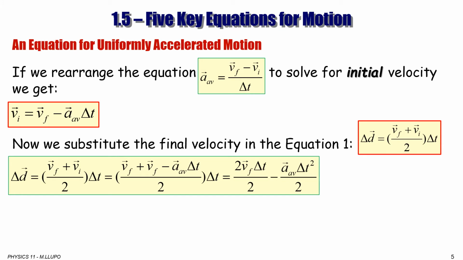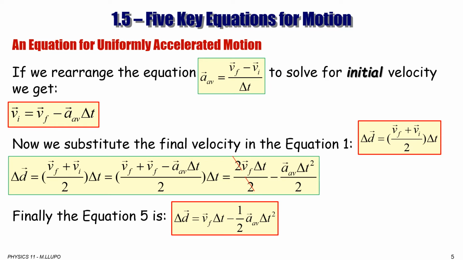So now 2 and 2 cancel. What is left there is V final delta T minus half of A average delta T squared. So that will be equation number 5: delta D is equal to V final delta T minus half of A average delta T squared.